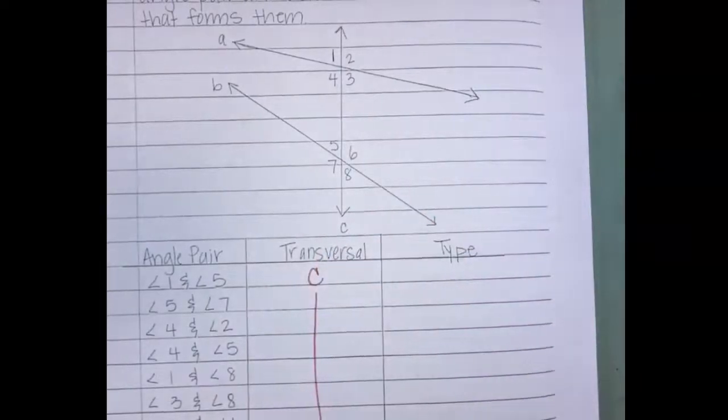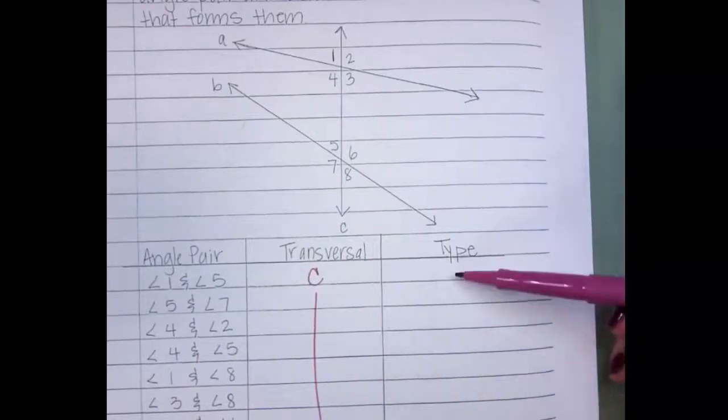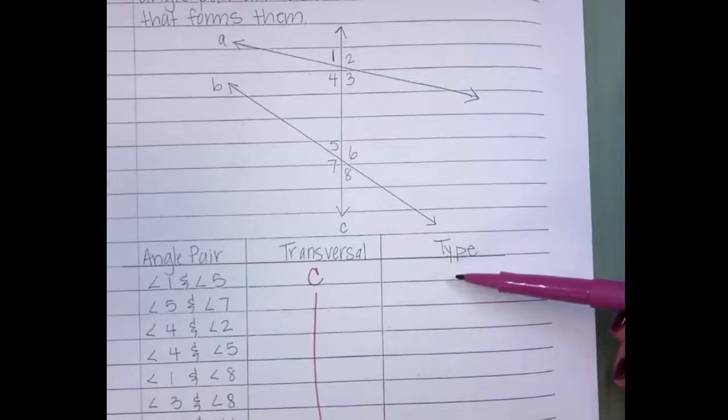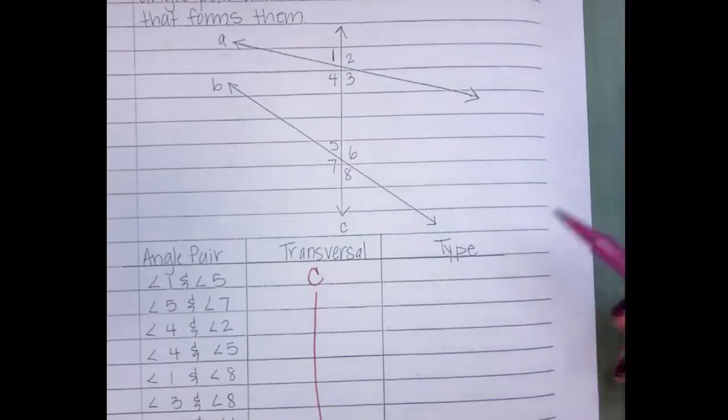Okay, but if we're going to do angle pairs and their types, we have 5 options, really 6 options for our types. And you're like, Miss, you only went over 4. That's right. So let's make sure we know them all.